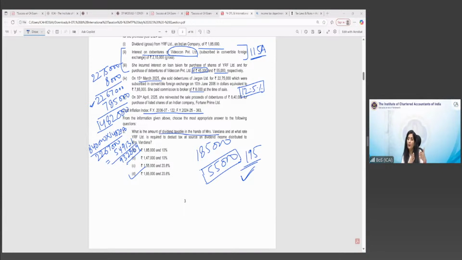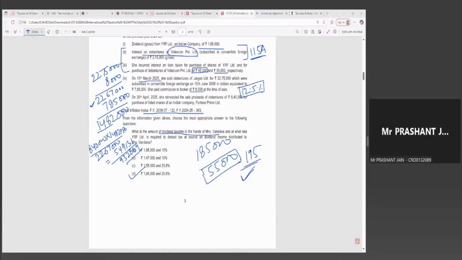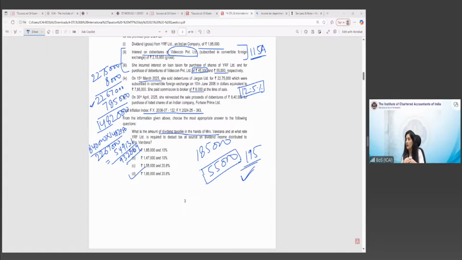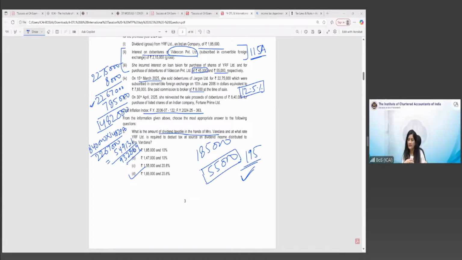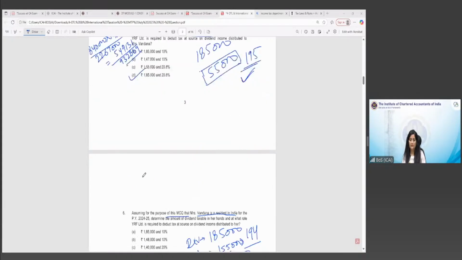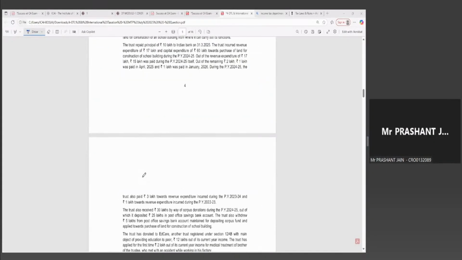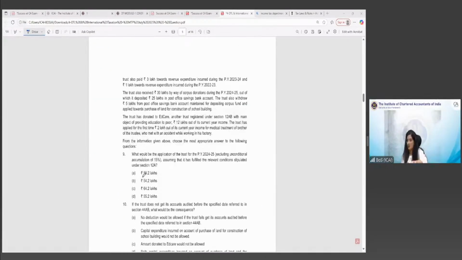This is MTP1 series for September 25 examination, and then another MTP series 2 will also be there for the next. This charitable trust question you are saying is from this MTP1. Yes, in this MTP itself, if you see, case scenario 3 is on charitable trust. You can solve this case scenario.